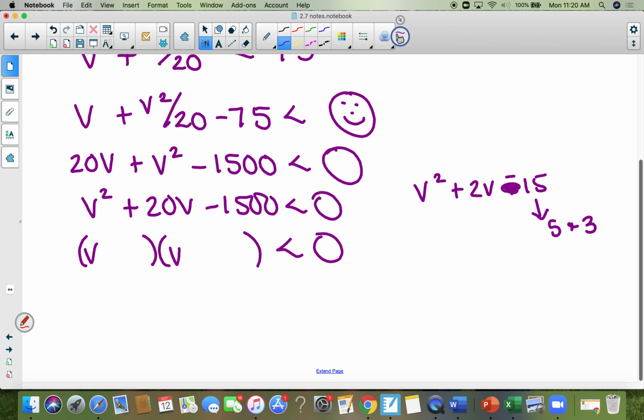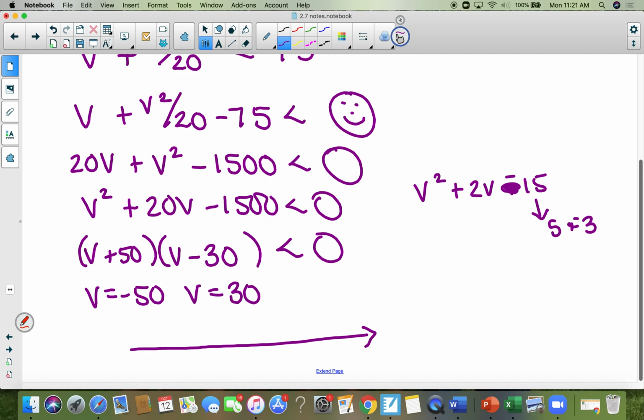That will give you 2 in the middle, and it needs to be a negative 3 and a positive 5. Well, that's the same thing with this. It needs to be a positive 50 and a negative 30 so that it makes 20 in the middle. So one answer is v equals a negative 50, and the other answer is v is equal to 30.